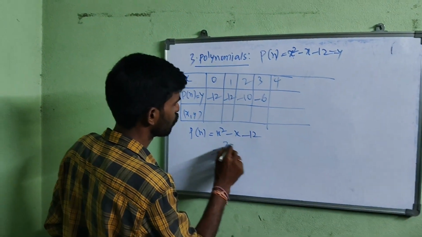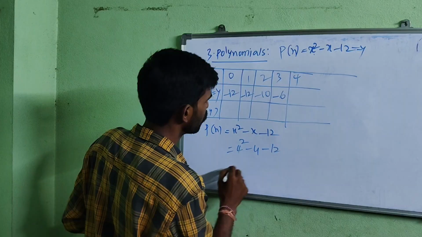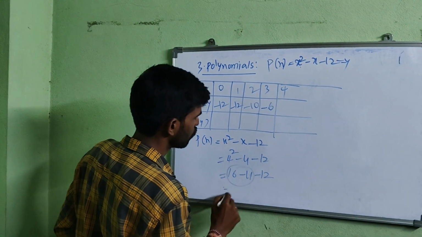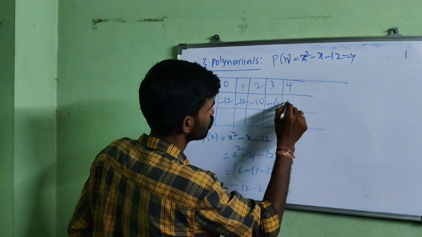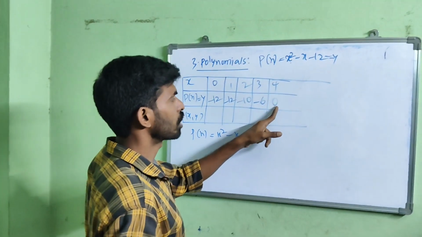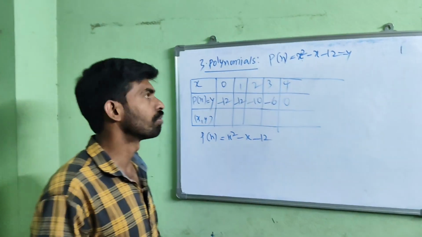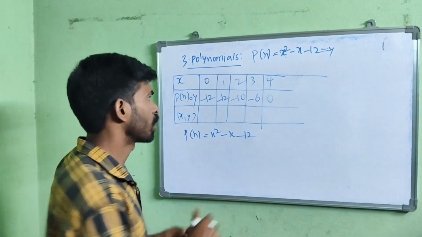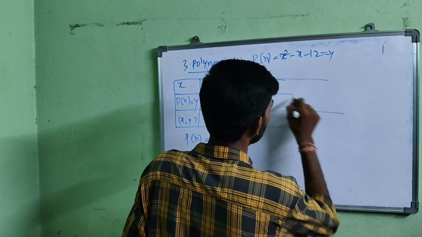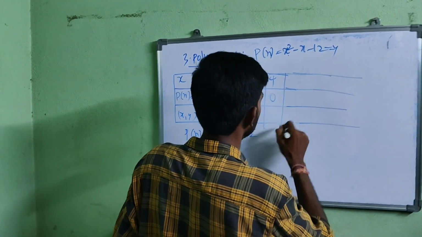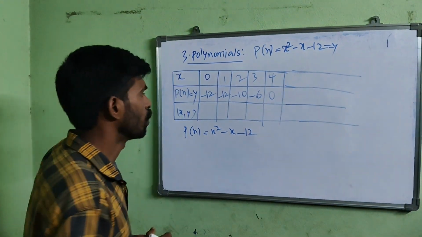If I take 4, 4 square minus 4 minus 12. 4 4s are 16 minus 4 minus 12. 16 minus 4 equal to 12. 12 minus 12 equal to 0. y value ఒకసారి 0 వచ్చింది. We get y value 0, once. ఓకే, నెక్స్ట్ ఇంకొకసారి 0 రావాలి, అప్పటి వరకు చేయాలి. We need to get y value 0 again.